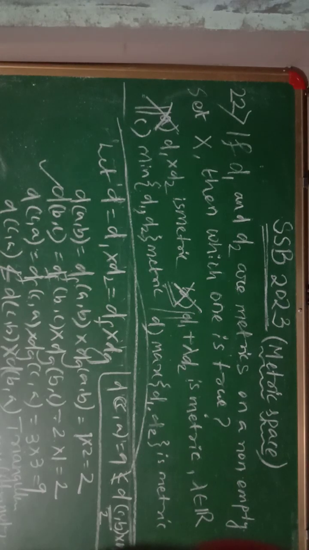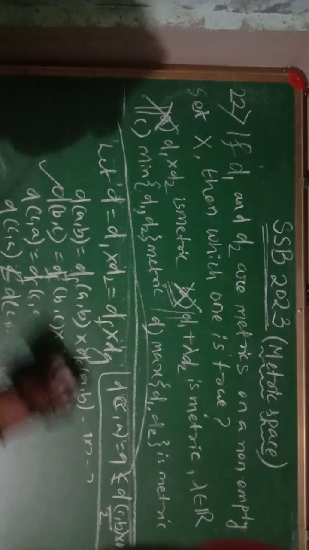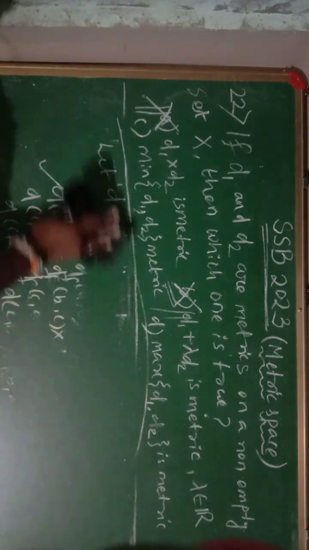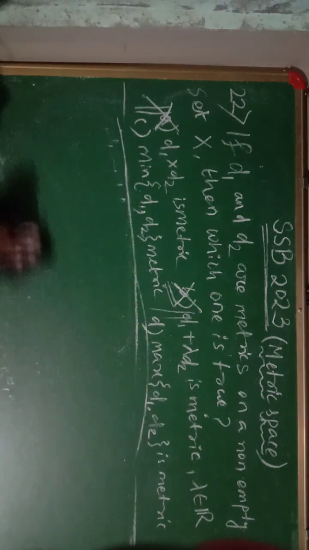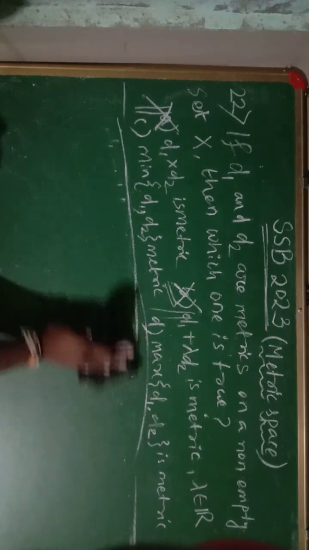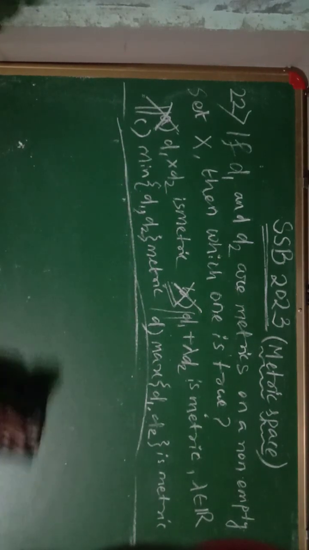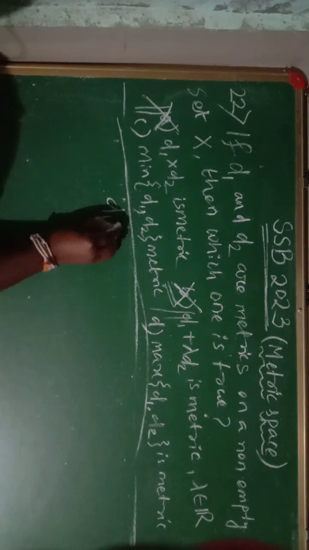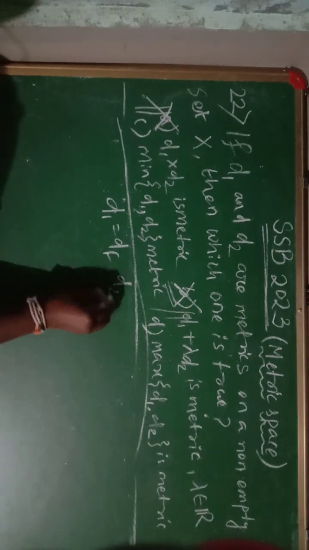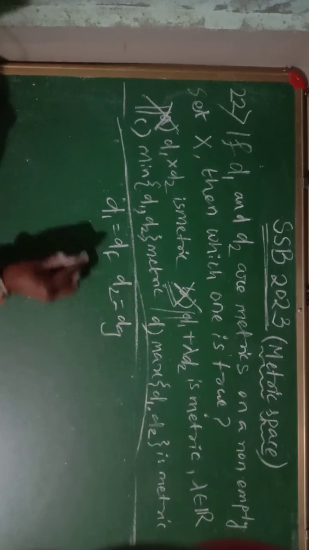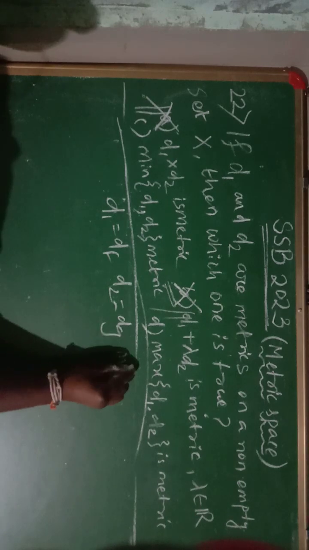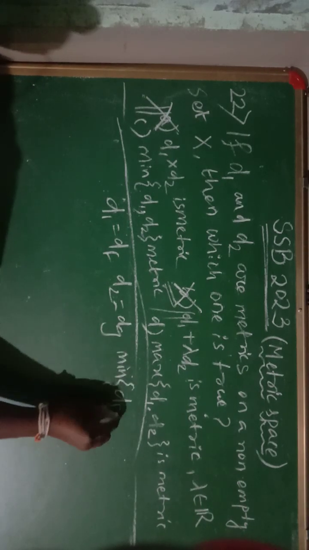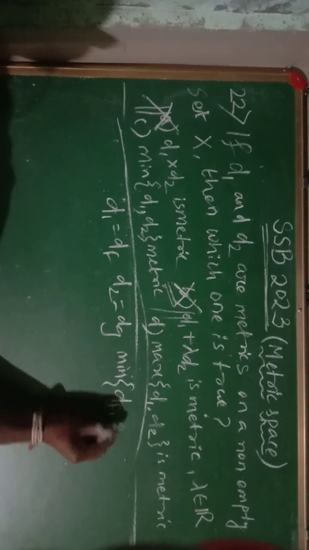For the last third option, we have to verify whether the minimum of D1 comma D2 is a metric or not. Now we have to verify option C. We consider the same example: D1 equals DF and D2 equals DG. We have to verify the minimum of DF comma DG.